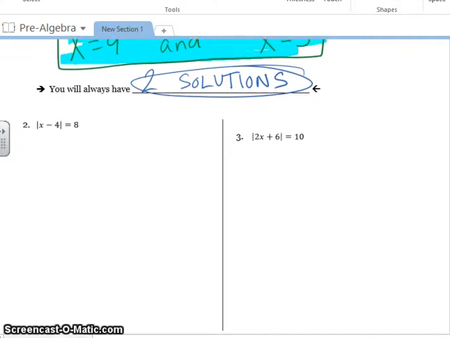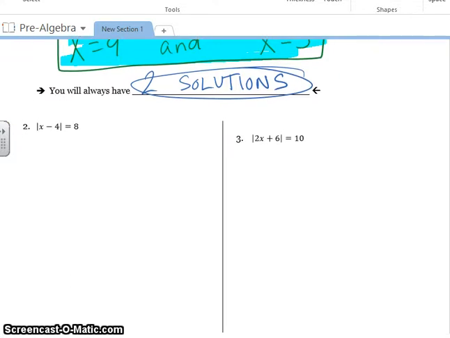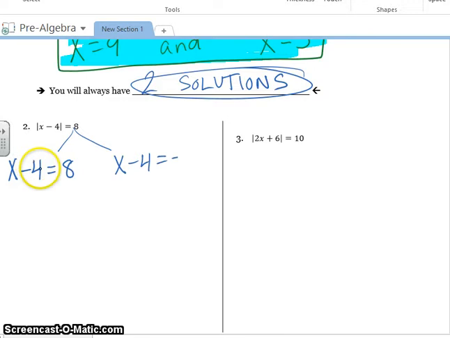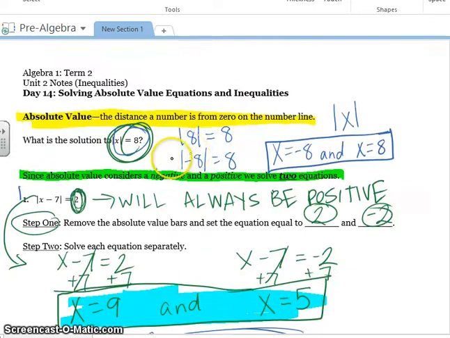So we're going to take a look at two examples. Number 2, we have the absolute value of x minus 4 equals 8. So we're going to set x minus 4 equal to positive 8, and then x minus 4 equal to negative 8. So it's the positive and the negative value of the answer we have there.